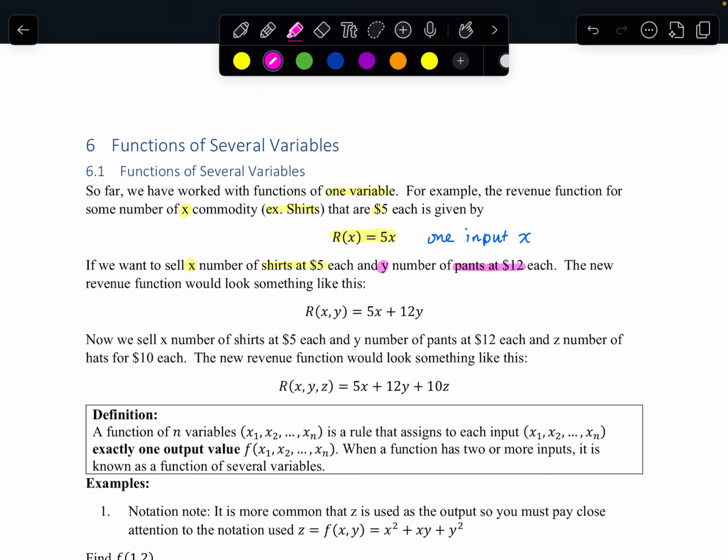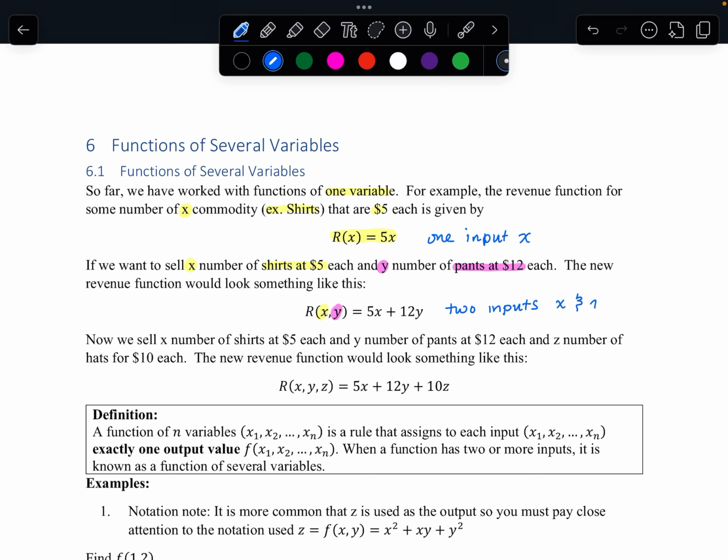And so what we have now is a revenue function that depends on selling an X number of shirts and a Y number of pants, at $5 per shirt and $12 per pair of pants. This is an example of a function with two inputs, right?